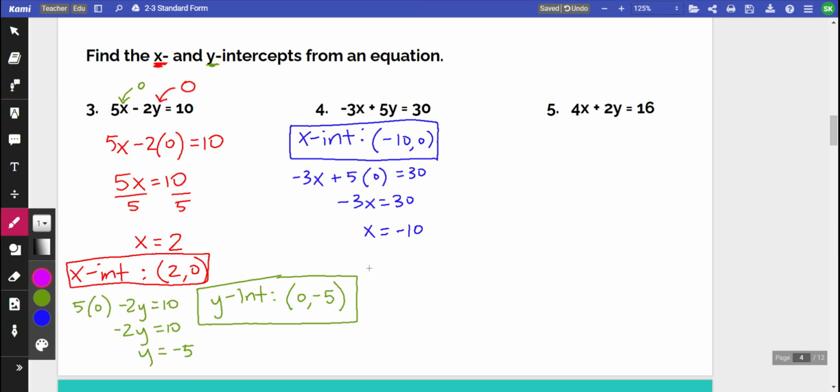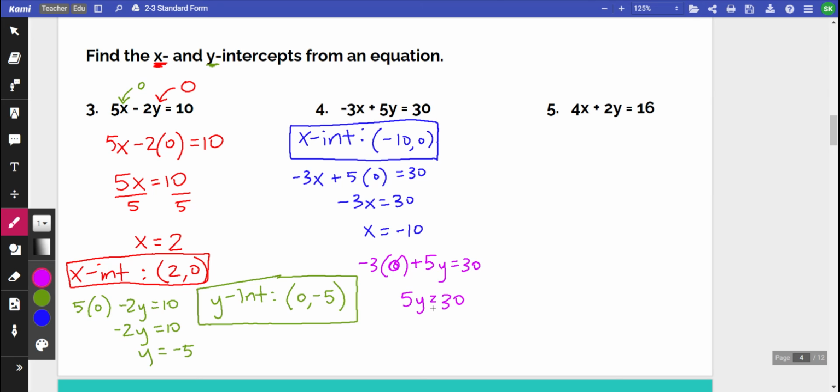Then for the y-intercept on number 4, I'm going to plug in 0 into the x, since the x-coordinate is always 0 on the y-intercept. So this time I have negative 3 times 0 plus 5y equals 30. That means 5y equals 30.